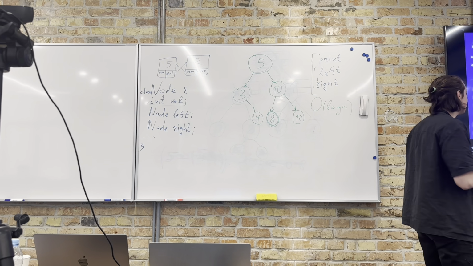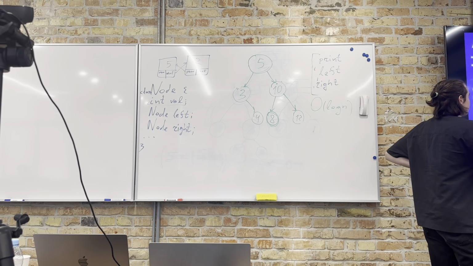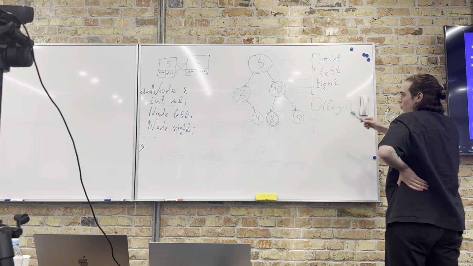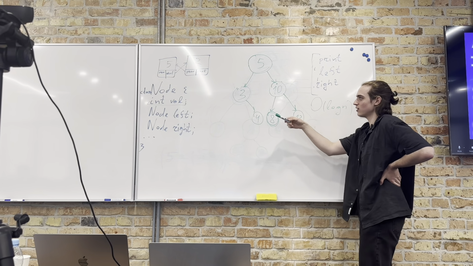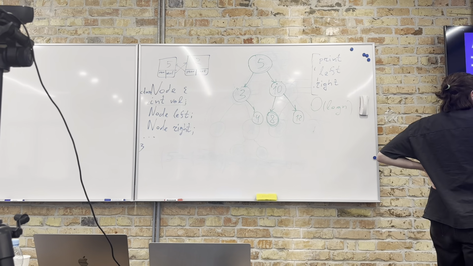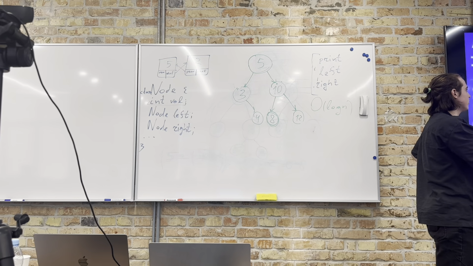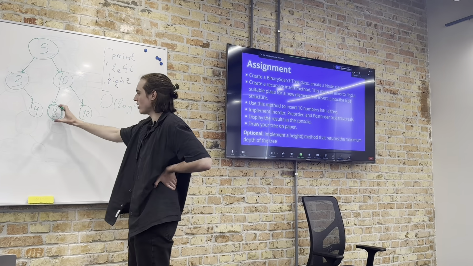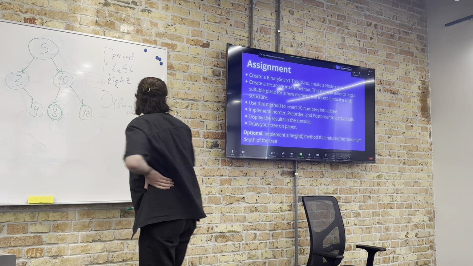It's good too, right? So what you need to do is create a binary search tree class and a node class. You need to create an insert method for the binary search tree. This method needs to receive an integer and place it in the right position in your tree.